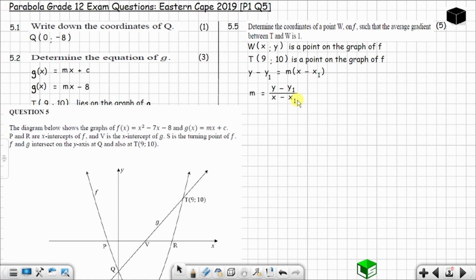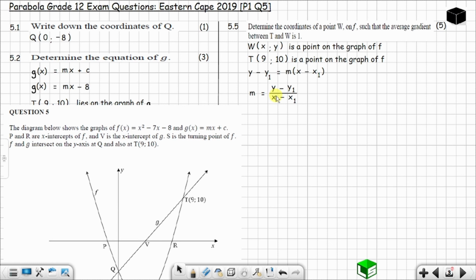It doesn't change anything whether you write it like this or y2 minus y1 over x2 minus x1, it's still the same. You can use this formula to find the average gradient between 2 points.